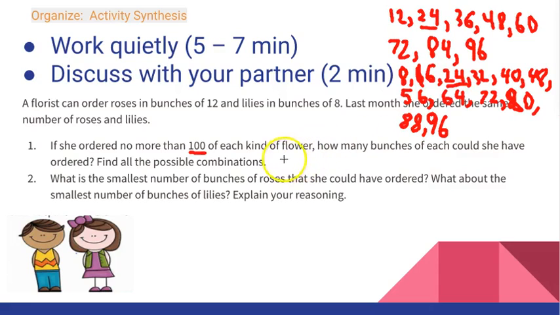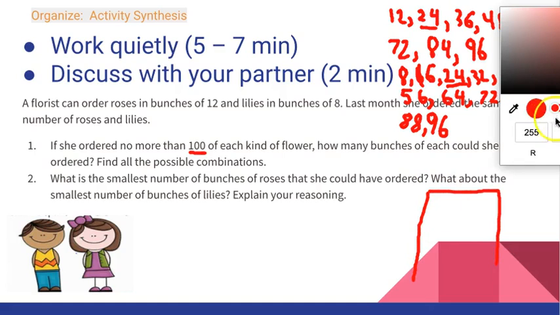So you could have gotten 2 bunches of roses. Let me do that over here. I'm going to draw a little chart.